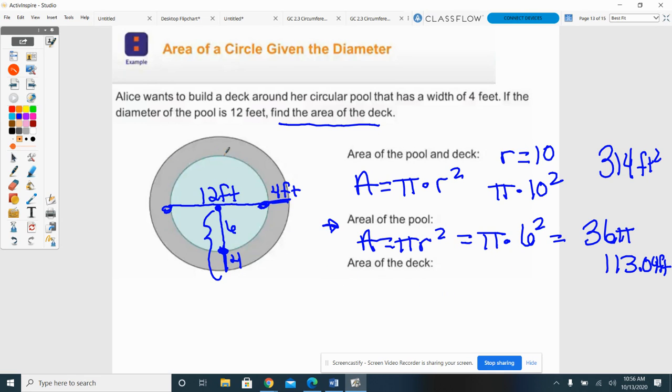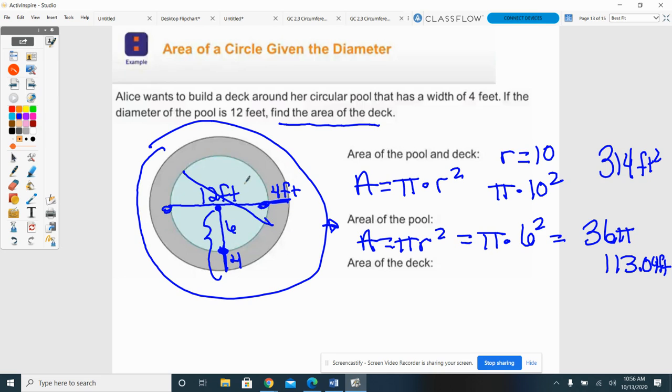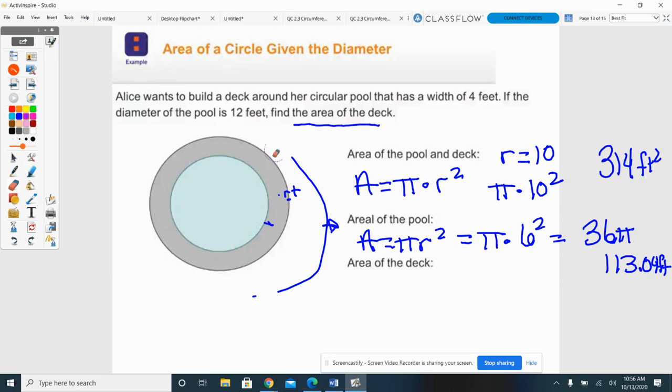So how can I find the area of the deck? Well, the area of the deck is going to be the same thing as that big outside circle, take away the pool. So I want to show you that again. I want to know how many squares are on my deck, basically. So what I can do is I already know how many squares take up the whole big outside thing.